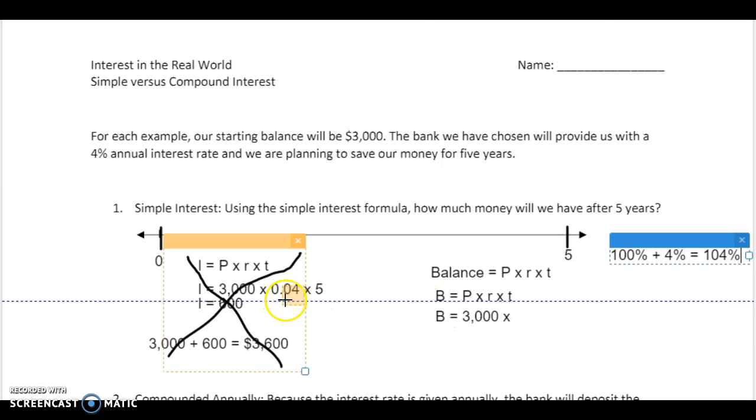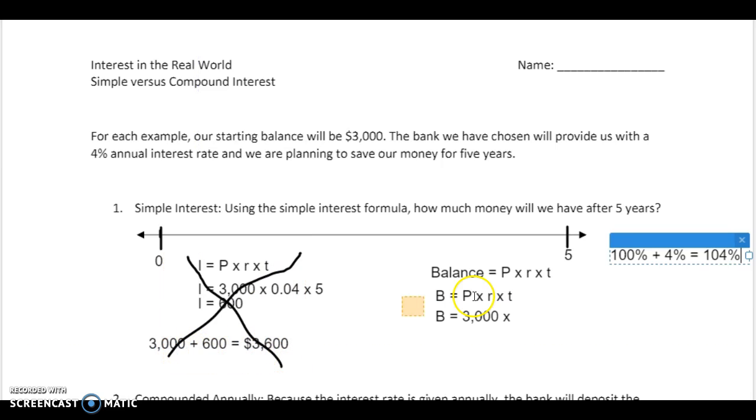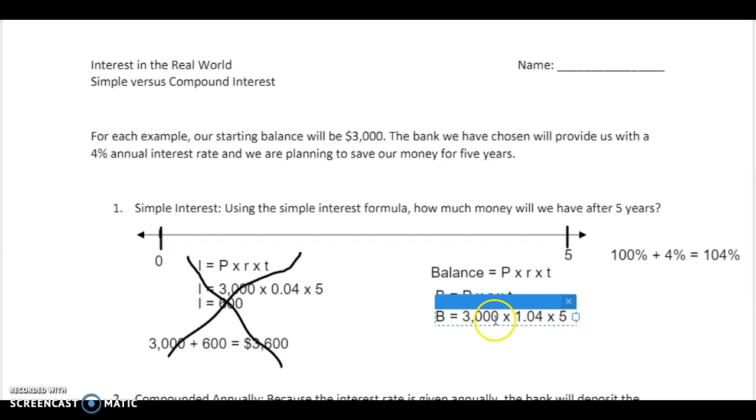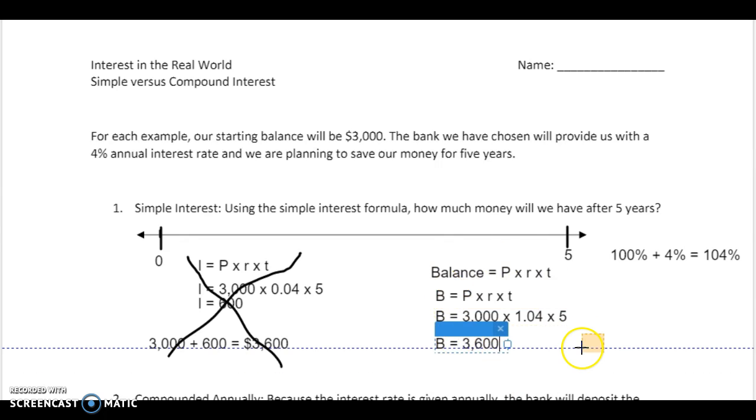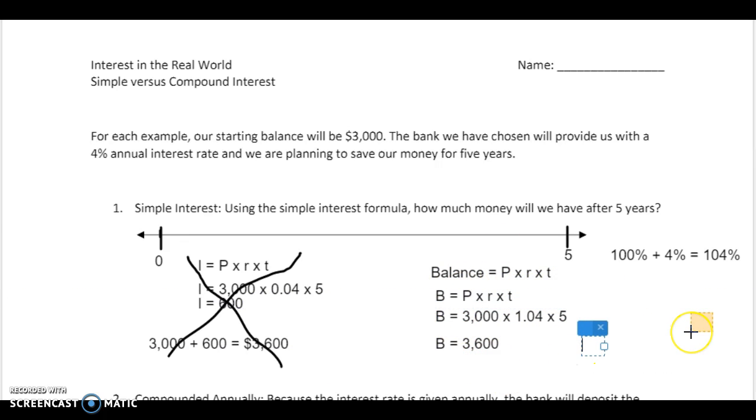Instead of doing the 4% interest and adding it to my total at the end, I can just start off and say, well, this would be 1.04. It's an increase problem. I'm increasing my bank account by 4% over 5 years. So in that case, your calculator will tell you, if you do 3,000 times 1.04 times 5, you get the answer right away. Okay, this approach, this equation is the one we're going to want to use for the rest of the page because that's how the real banks take care of your interest.